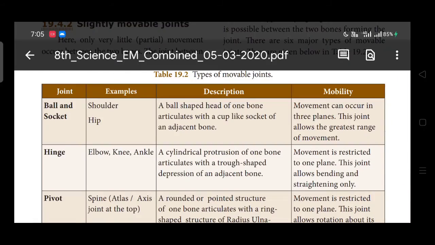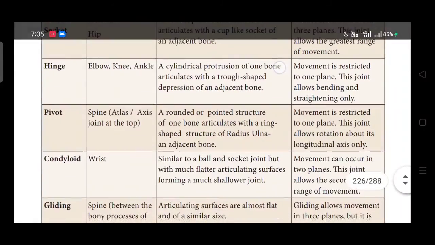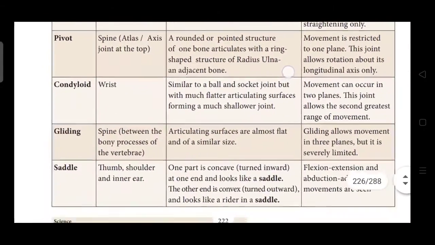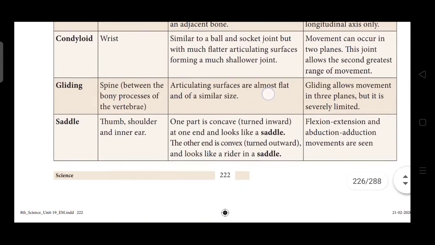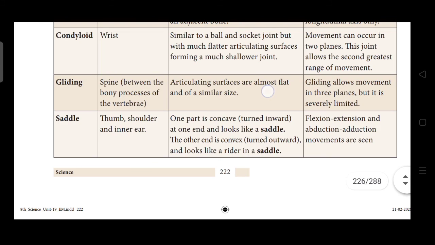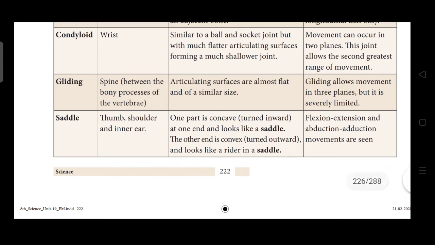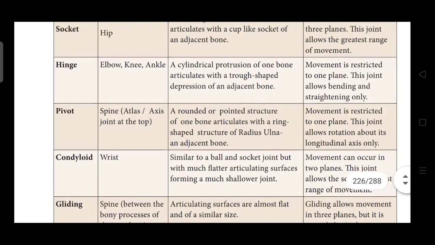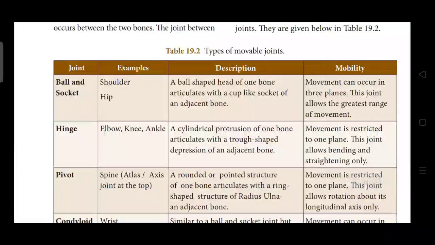First is the ball and socket joint, second the hinge joint, third pivot, fourth condyloid, fifth gliding joint, and the sixth is the saddle joint. We will discuss these 6 kinds of joint in our next class. Okay, thank you.